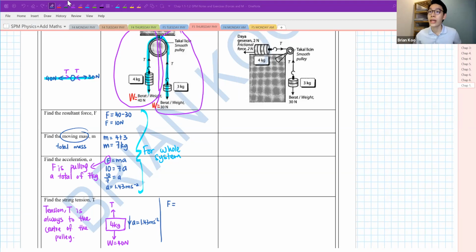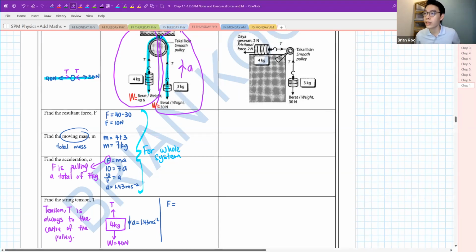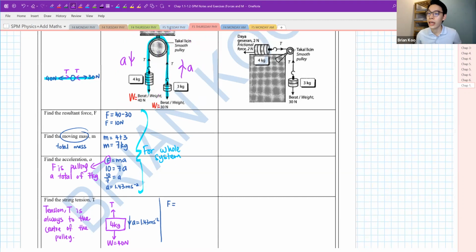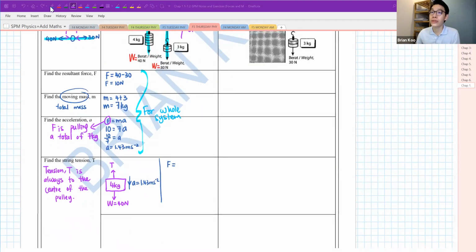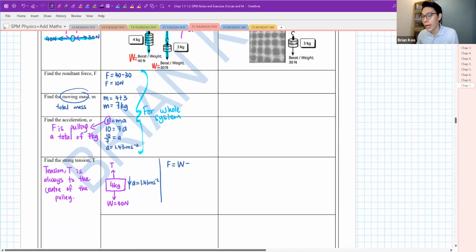The whole system is accelerating like this, and I already found out the acceleration just now. It is 1.43 meters per second squared.